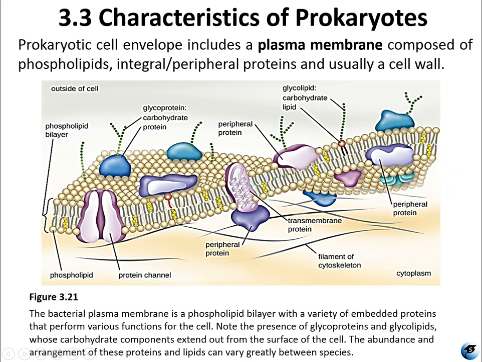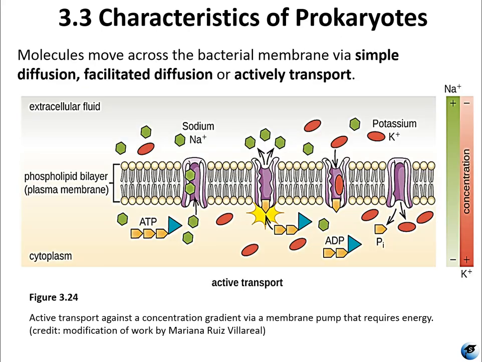The carbohydrate components of the glycoproteins and glycolipids actually extend out from the surface of the cell, and all of these components can vary greatly between different species. I would have you look through the different types of transport across the bacterial membrane, and I also will direct you to some videos I have in the playlist that can help illustrate this as well, beyond just reading it in the textbook.